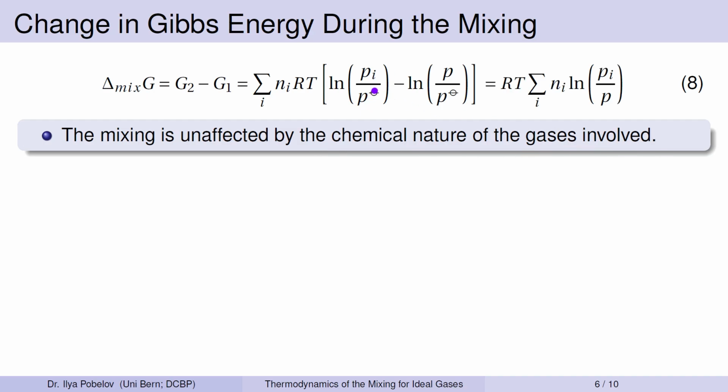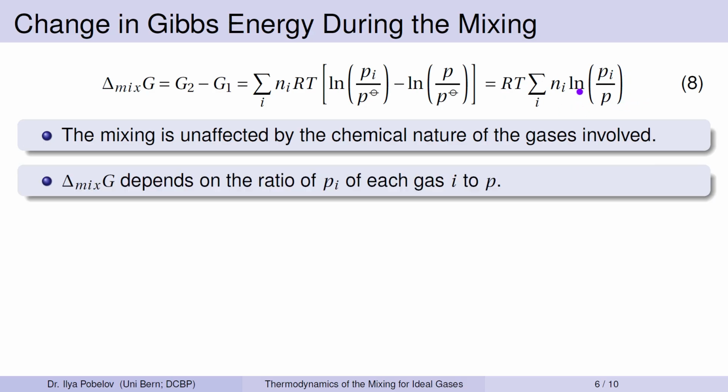The terms involving the standard pressure also cancel out, and we can simplify the expression to R times T multiplied by the sum over i of Ni times the natural logarithm of the ratio of Pi to P. This expression shows how the change in Gibbs energy during mixing depends on the ratio of the partial pressure Pi of each gas to the total pressure P.